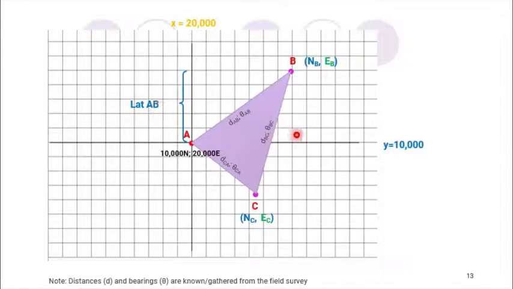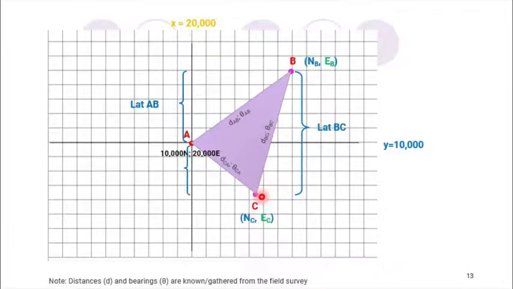Likewise, the northings of C would be the northings of B, then minus this amount, which is the latitude of BC.